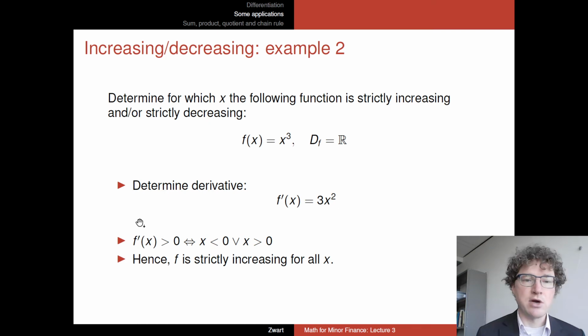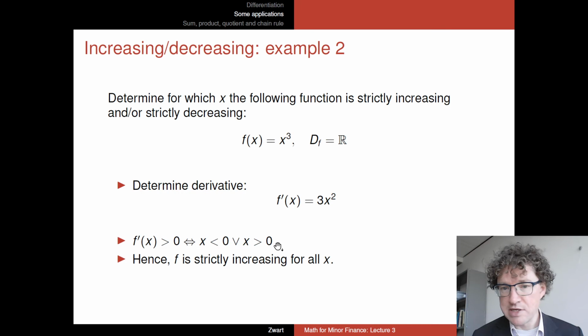Well, f prime is going to be bigger than 0 since x squared is a square. So this is going to be bigger than 0 both for x smaller than 0 and for x bigger than 0. There's only a single point in which f prime equals 0, and that's x equals 0 obviously.